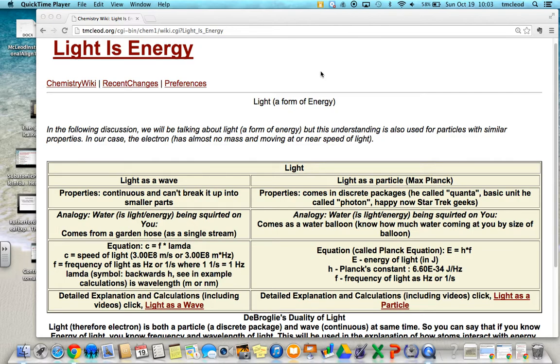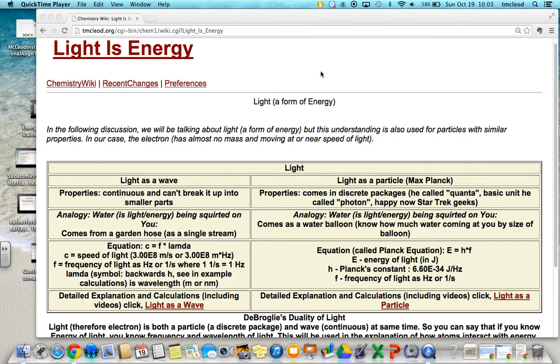Well, there's an issue here. Now I need to explain to you a little bit about energy, because energy is not always what people think it is. In this discussion, including the discussion with the atom, we're using light as a form of energy, and we're basically saying light and electrons are very similar to each other.